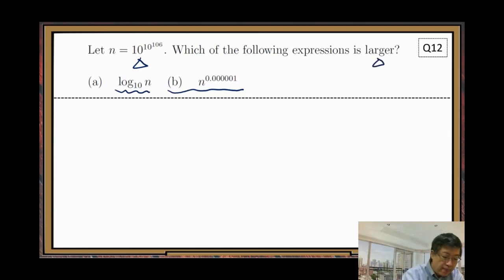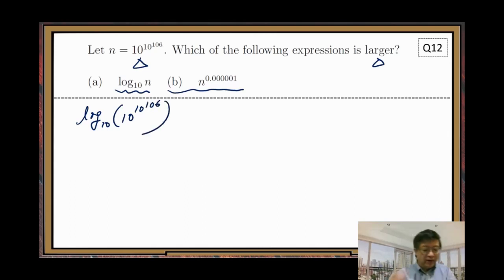All right, the first one, A: 10 to the log base 10 of n. This time we write 10 to the 10 to the 106th power. Looks pretty complicated, right? But can we treat the whole thing in the exponent as just one number?